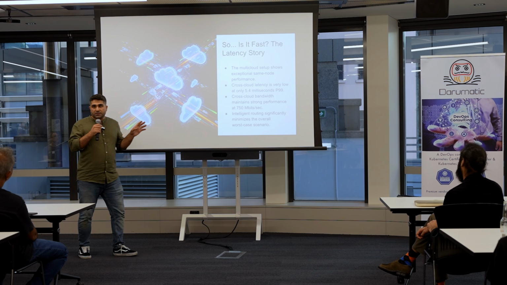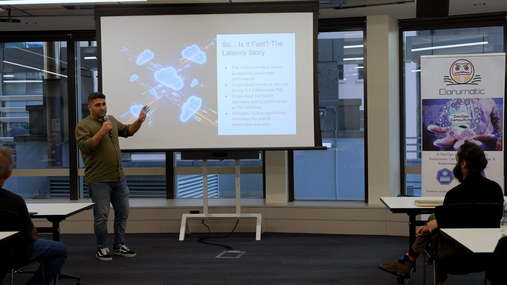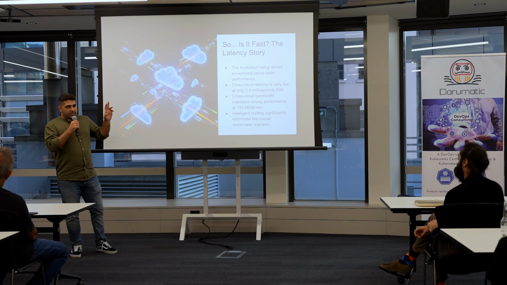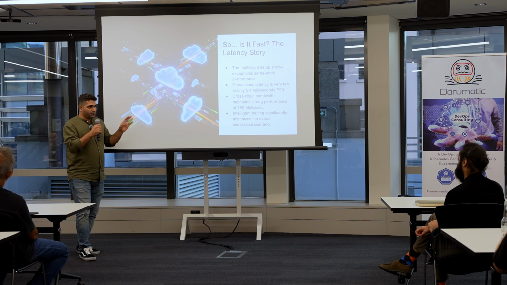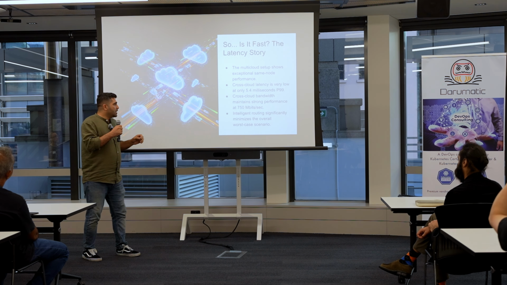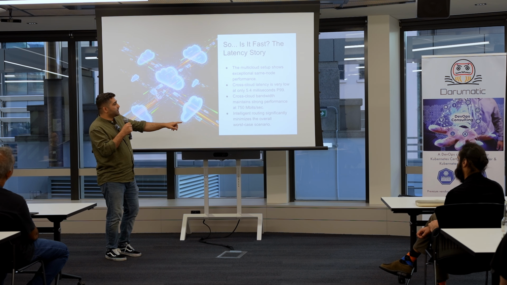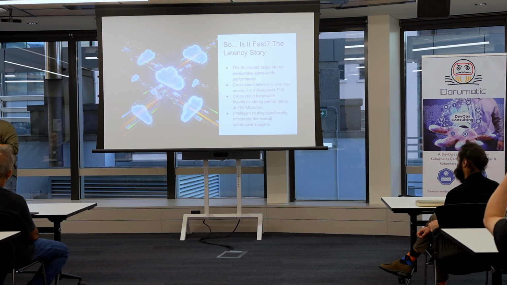Of course, all of these zones were running in Sydney. So if you were in a different geographical location than Sydney, because all the AWS, Google Cloud, and Azure VMs were running in Sydney. And intelligent routing significantly minimizes the overall worst-case scenarios when we send this traffic to the service.